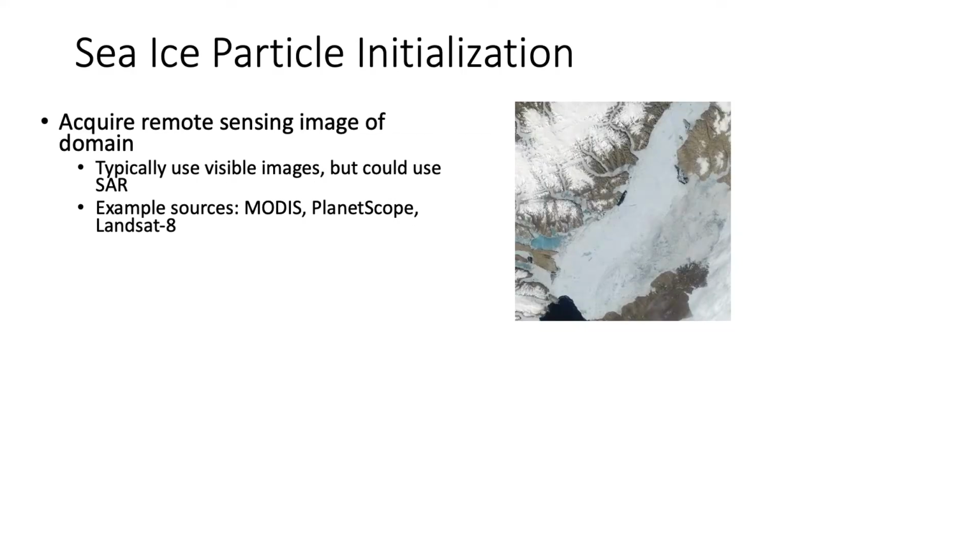All right, so at CREL we've developed some tools where we can initialize our simulations from satellite imagery, and this is just a very quick overview of how we do that.